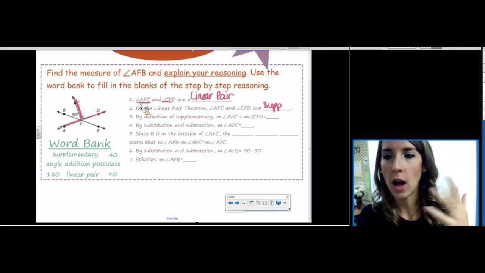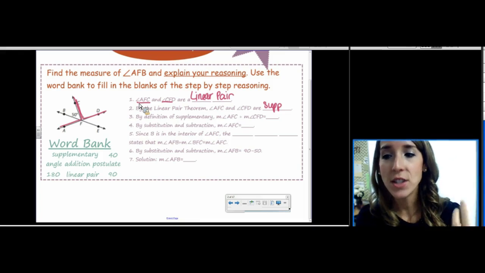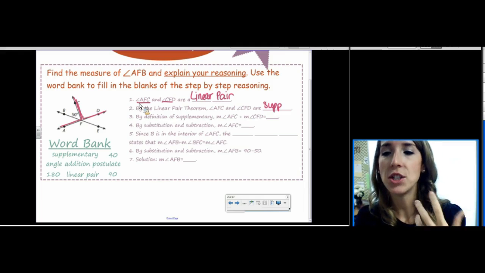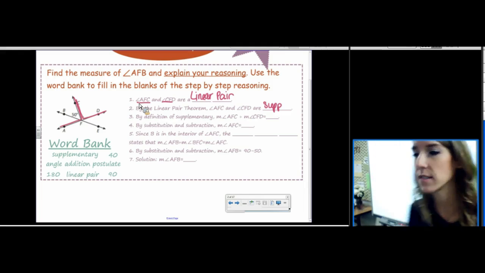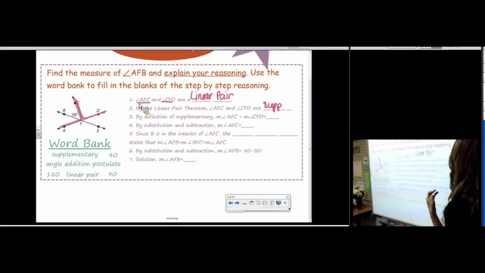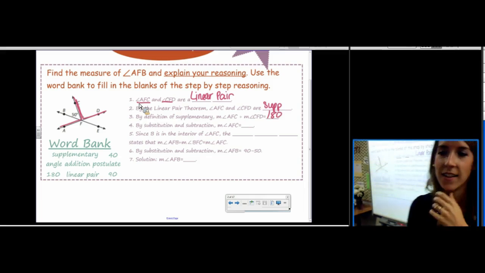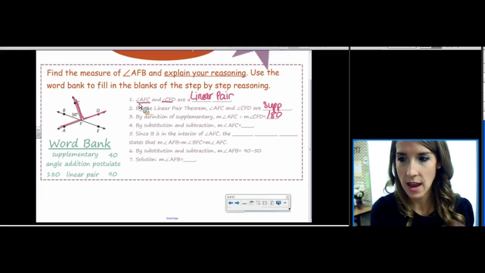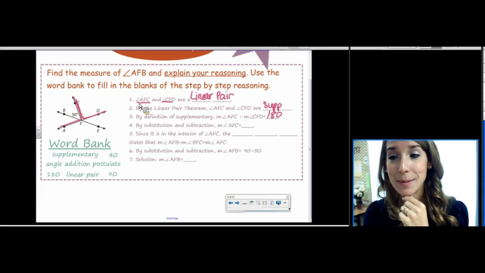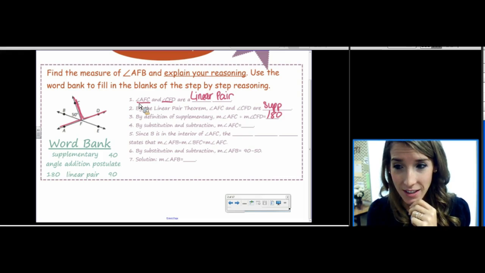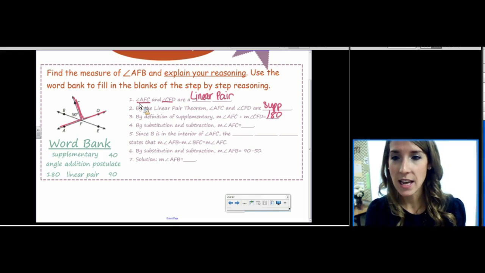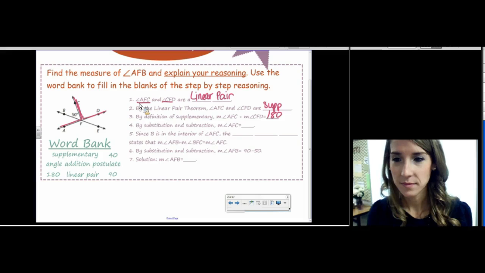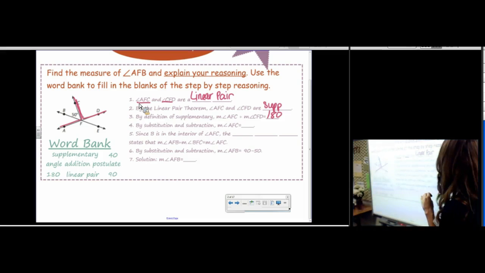Next step in our logical thinking. By definition of supplementary, the measure of AFC plus the measure of CFD equals 180. So we're taking it further. What does supplementary really mean? It means the measure of the angles add up to 180. By substitution and subtraction, the measure of AFC is 90.